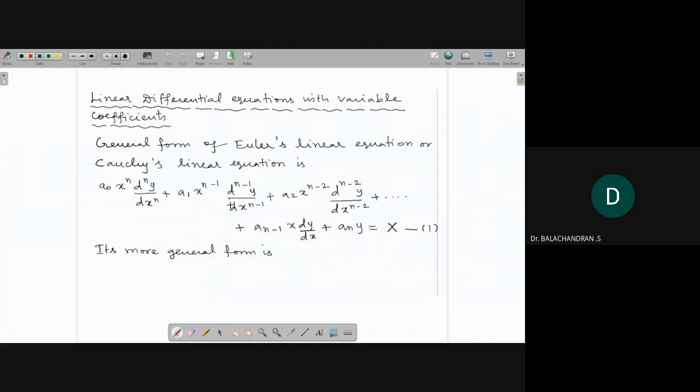So the last 3 to 4 classes, I think so, we have been discussing linear differential equations with constant coefficients. There are 7 types we discussed. Type 1 is right hand side is an exponential function. Type 2 is right hand side is sin ax or cos ax. Type 3 is an algebraic function or polynomial in x.